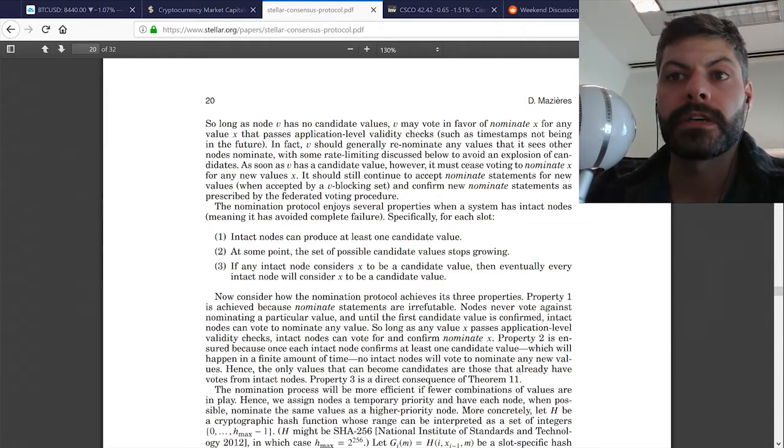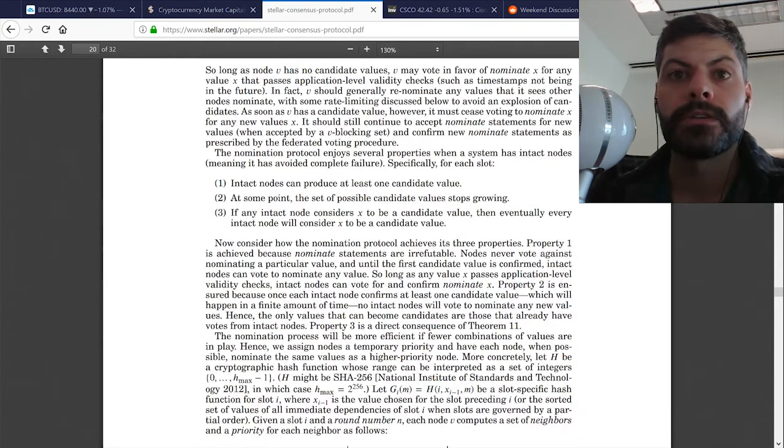So long as any value X passes application-level validity checks, intact nodes can vote for and confirm nominate X. Property 2 is ensured because once each intact node confirms at least one candidate value, which will happen in a finite amount of time, no intact nodes will vote to nominate any new values. Hence, the only values that can become candidates are those that already have votes from intact nodes. Property 3 is a direct consequence of Theorem 11.